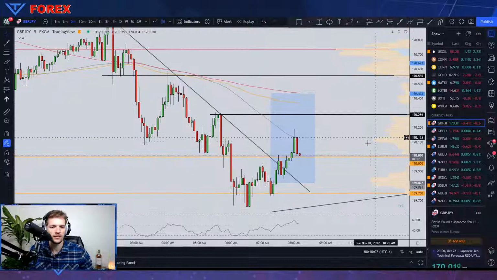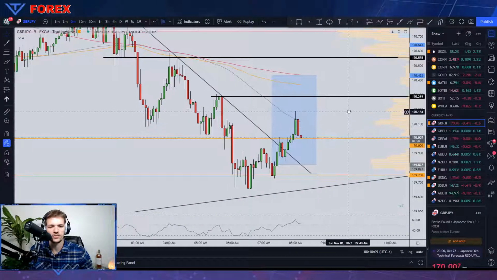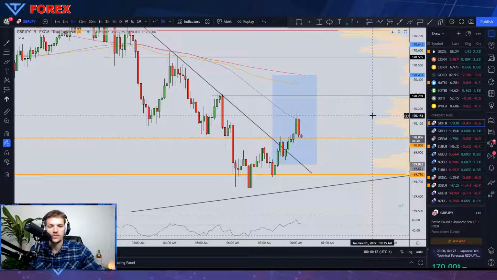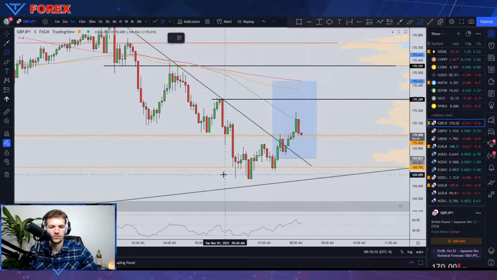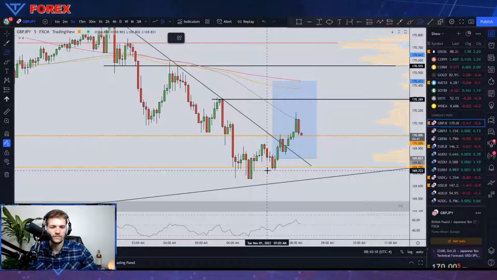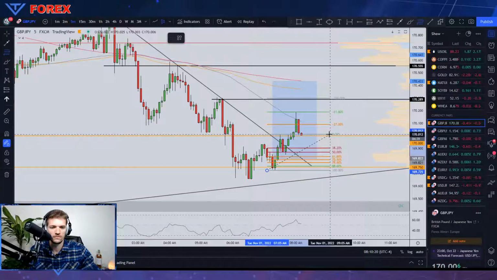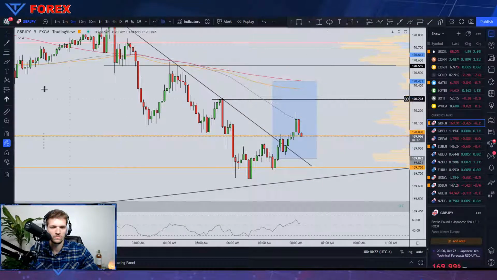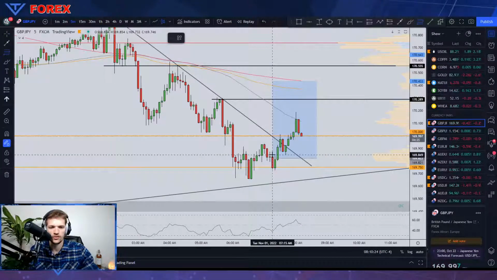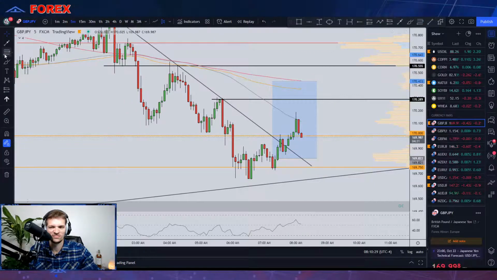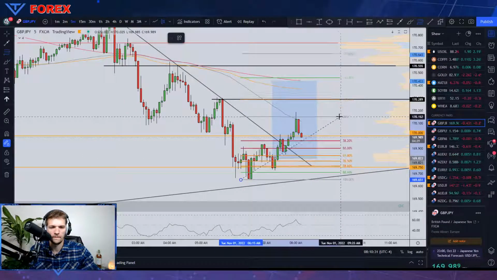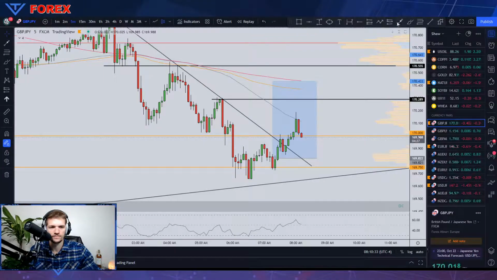Pound yen, bearish engulfing the 5-minute, now at this 170. So, going to be interesting here. I'm going to pull out my Fibonacci real quick. See what kind of retracement we can expect. All right, let's see.